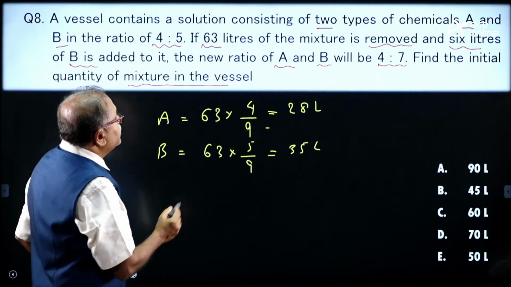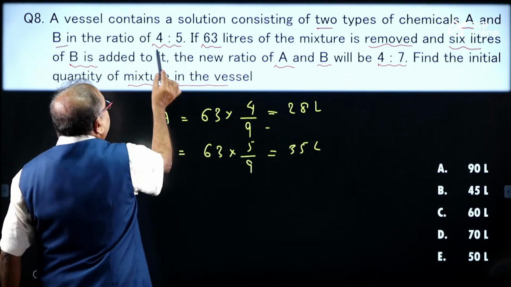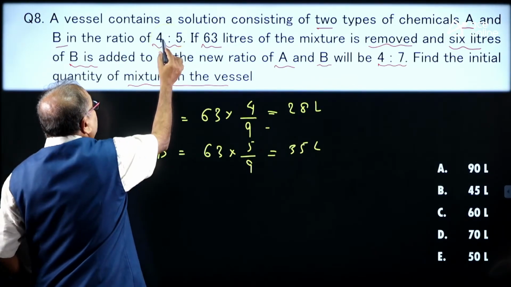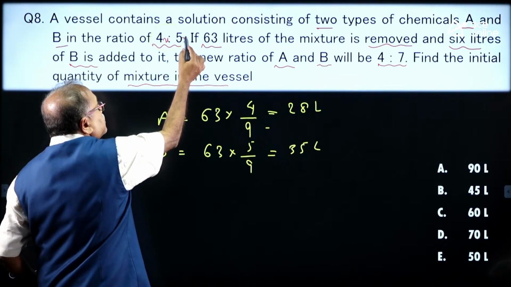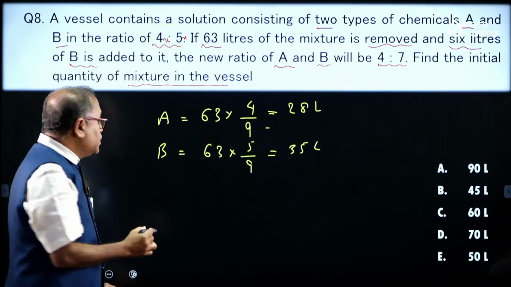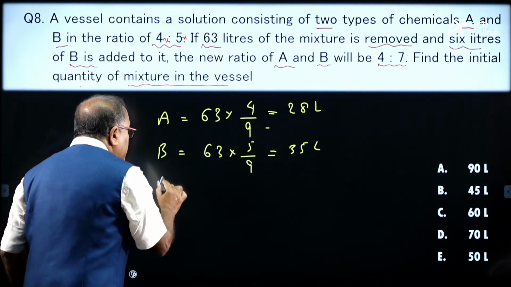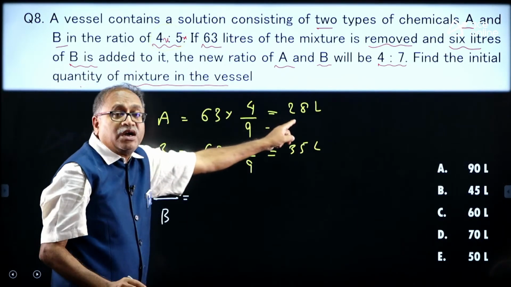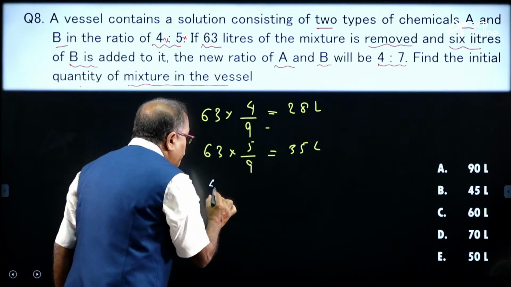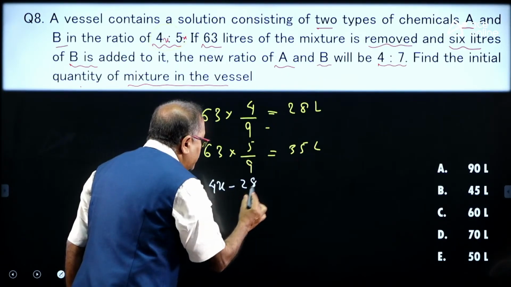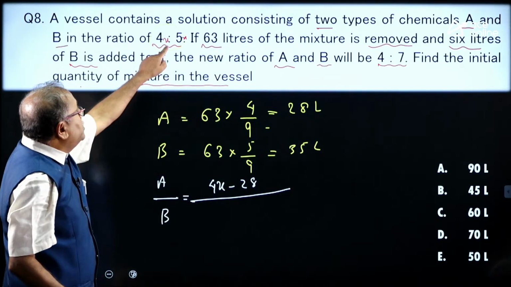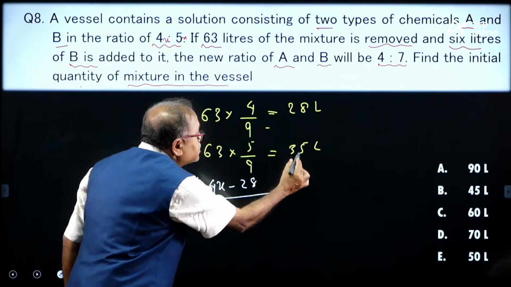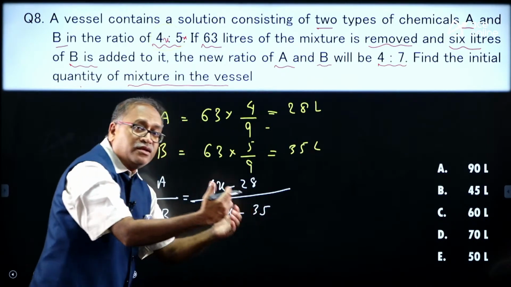Now, what I am going to do is, I know that this is 4:5. So, I will take A as 4x and B as 5x. So, let us write down here chemical A by chemical B, and what happened? 4x minus 28 by what happens about B, that is 5x minus 35, and B is added.